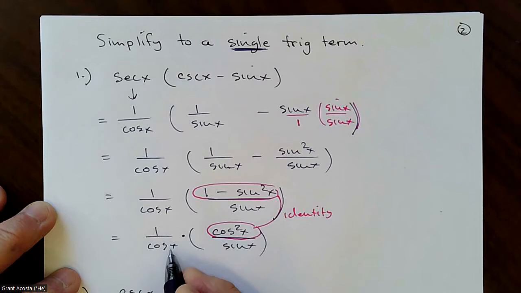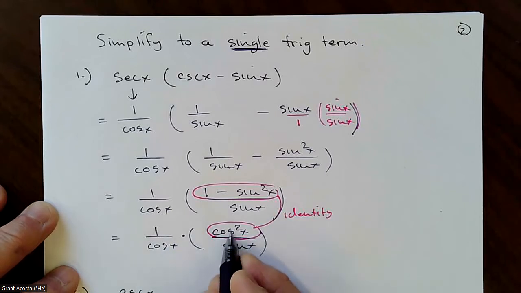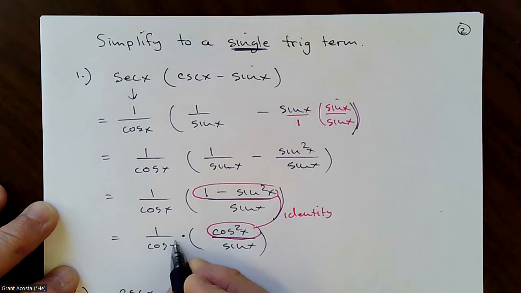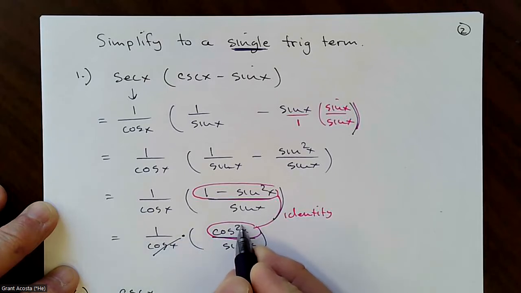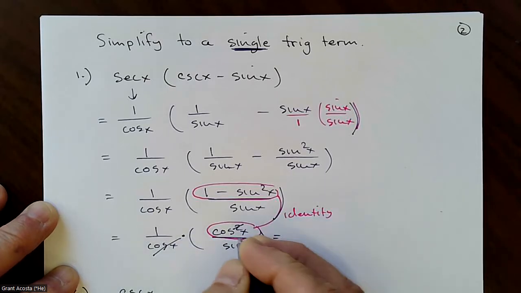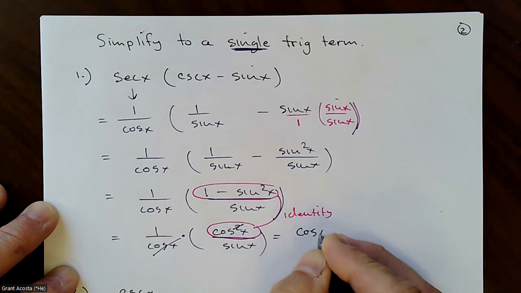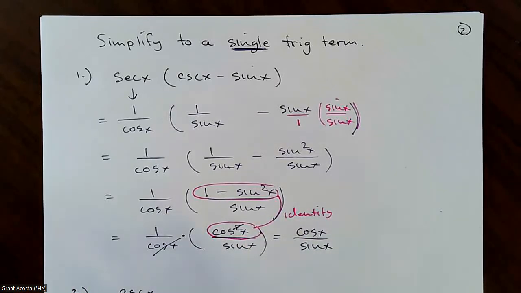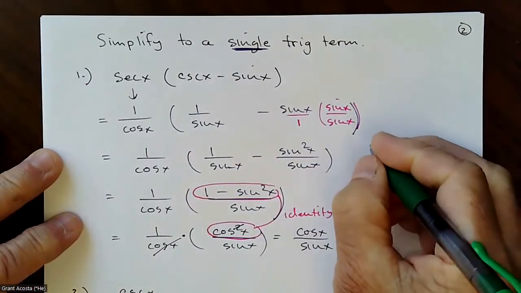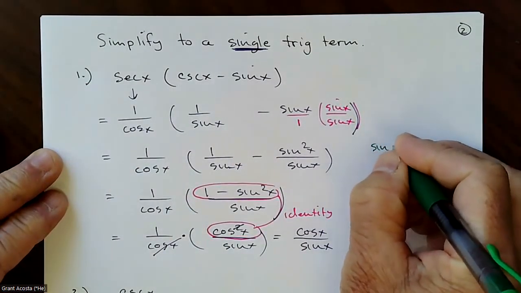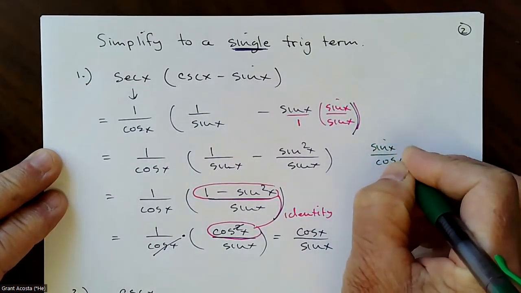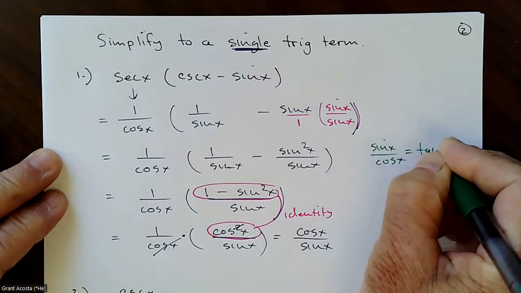Now this is multiplication, and just like with normal algebra, if you've got cosine x, remember this is cosine times cosine, you can cancel that cosine with one of the cosines there. So you're going to be left with still 1 cosine over sine. Okay, and then another side note here. We discussed how sine of x over cosine of x is the same as tangent of x.